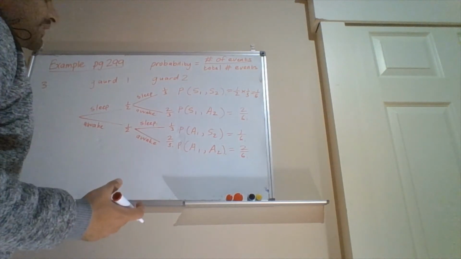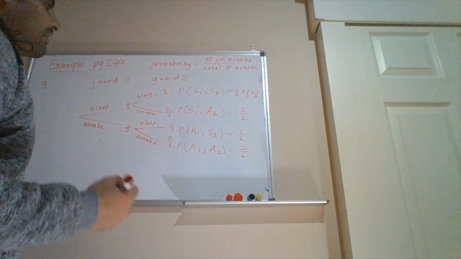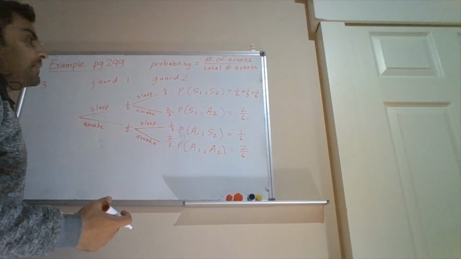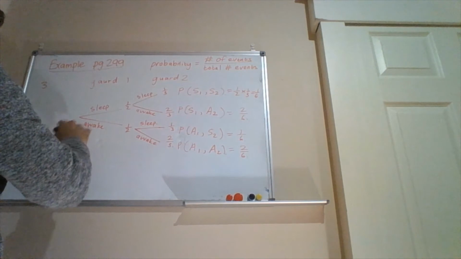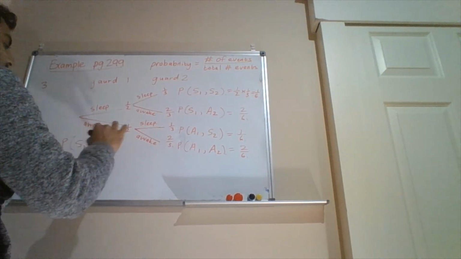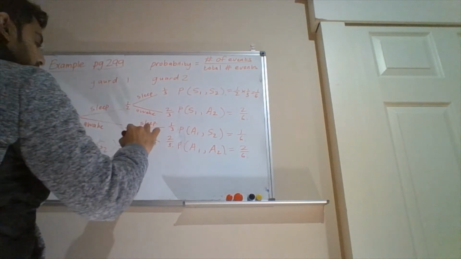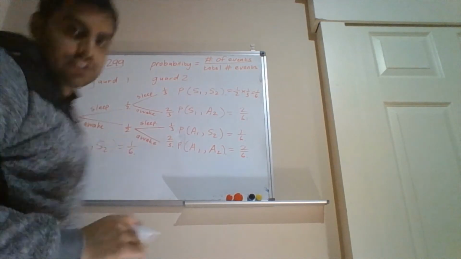So we are interested in the probability of them both being asleep, and that is 1 out of 6. So the probability the first guard is asleep and the second guard is asleep is 1 out of 6.